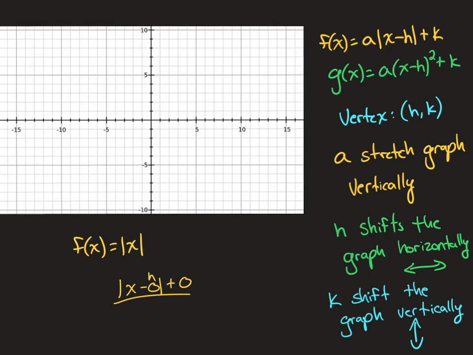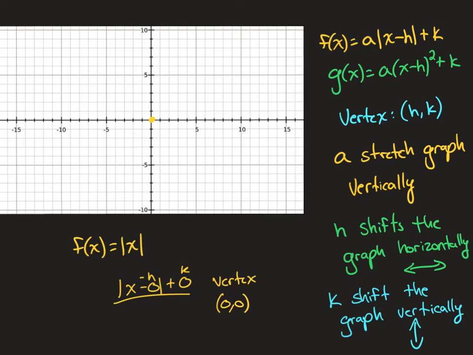So then I have an h and a k here, right? This is the opposite of h, but the opposite of negative 0 is still 0. So my vertex here is 0, 0, right? It would be similar if I put f of x equals x squared, right? If we were looking at this, which I'm going to erase in a second, this would have a vertex of 0, 0 as well.